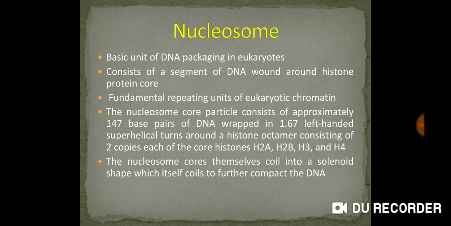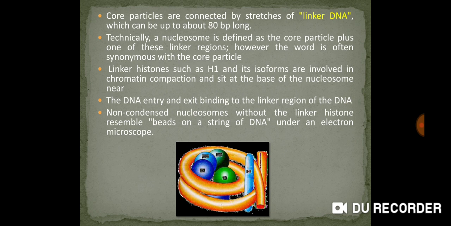It consists of 147 base pairs of DNA wrapped in 1.67 left-handed superhelical turns around a histone octamer consisting of 2 copies each of the core histones. A nucleosome is defined as the core particle plus one of the linker regions. The linker histone is H1 and its isoforms. Non-condensed nucleosomes without the linker histone resemble beads on a string of DNA under the electron microscope. The protein-DNA structure of chromatin is stabilized by attachment to non-histone proteins called the nuclear matrix.